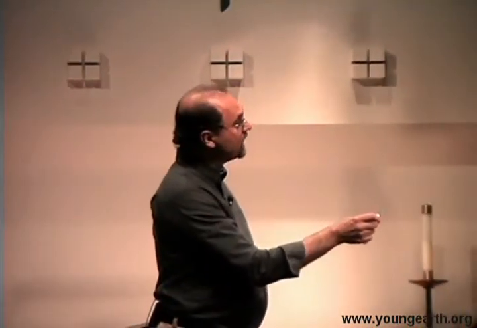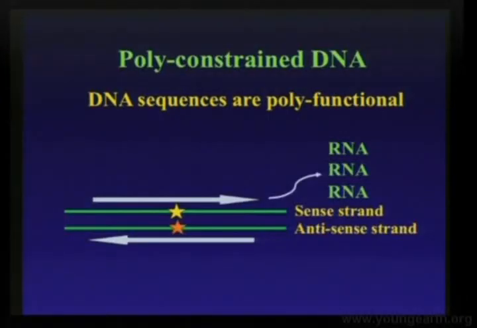What are the odds of being able to create a mutation here that benefits the organism, and the complementary resulting mutation in this strand also benefits the organism? I mean, the wildest, crazy drunk in Las Vegas wouldn't give you odds on that one. It just isn't going to happen. It's not going to happen.